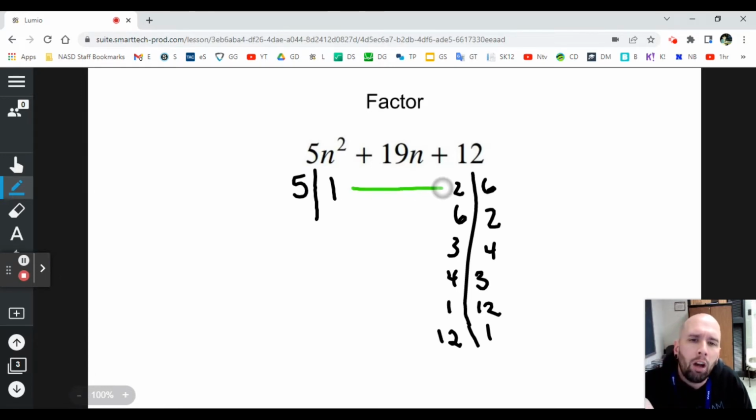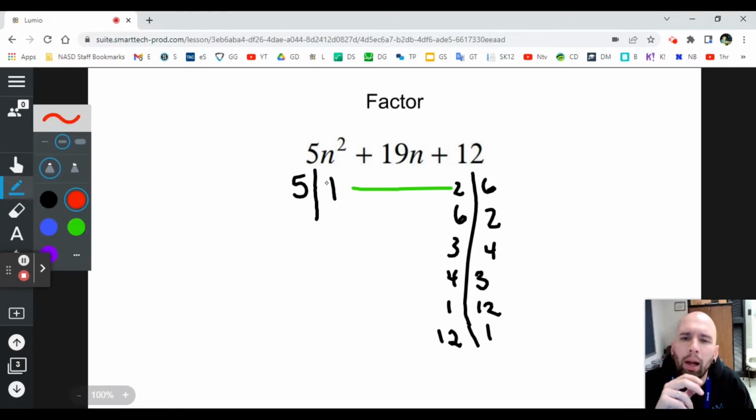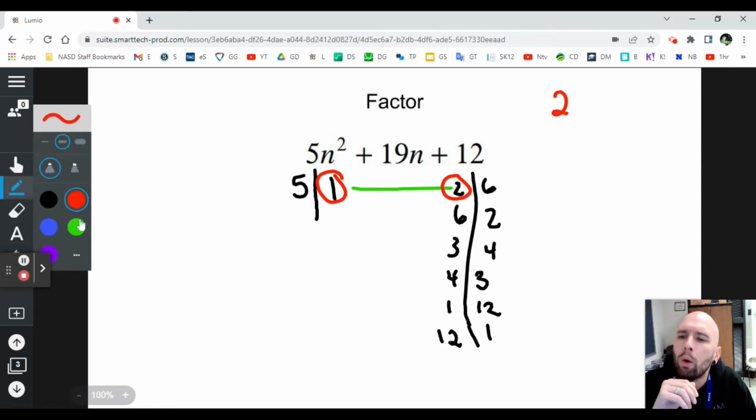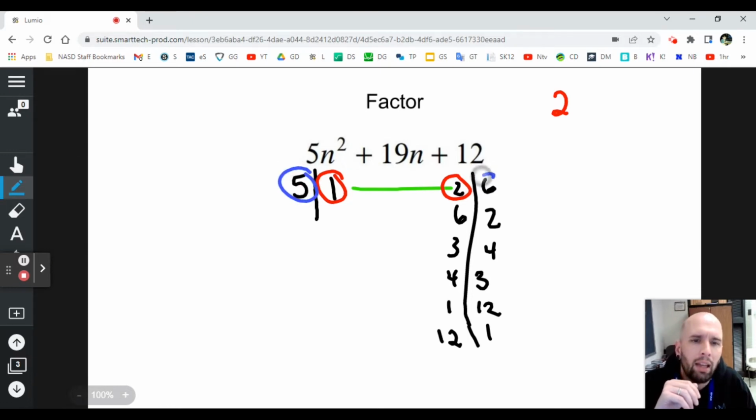I'm going to match up 5, 1 with 2, 6. I multiply the inside numbers: 1 times 2 gives me 2. And I multiply the outside numbers, 5 and 6. That makes 30. I add them up and see if I get 19. I don't, which means the first option is not the right option.